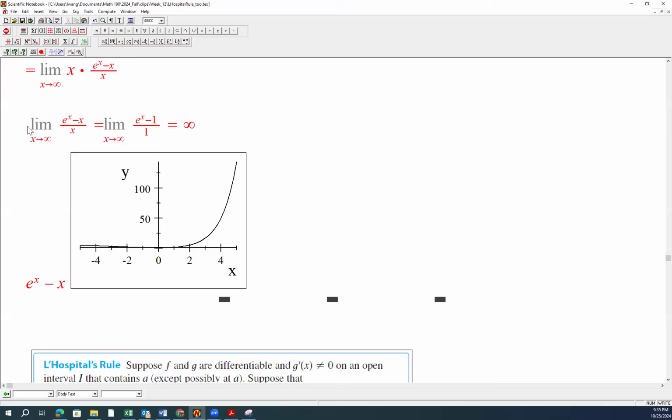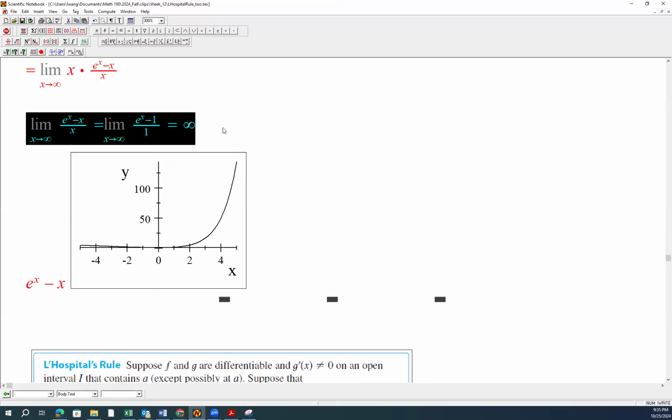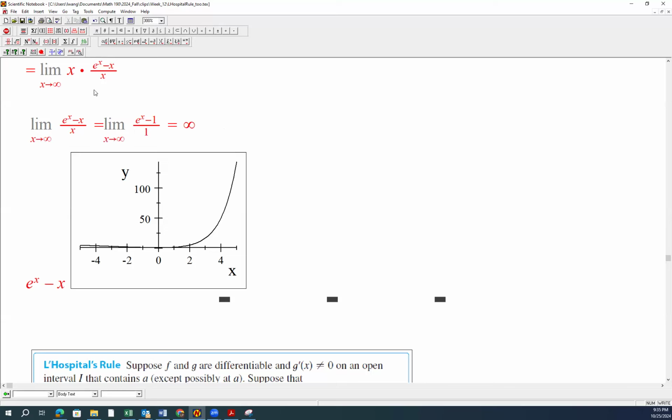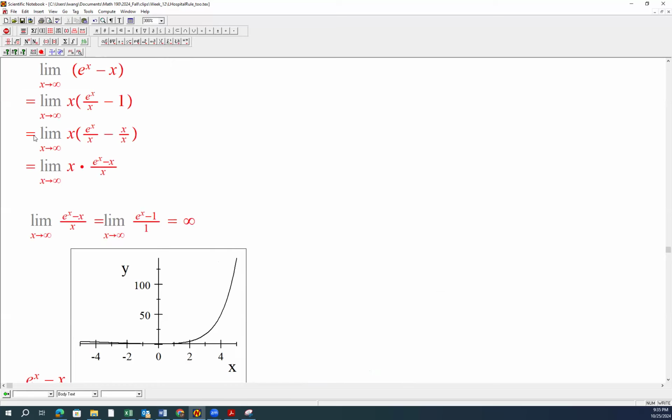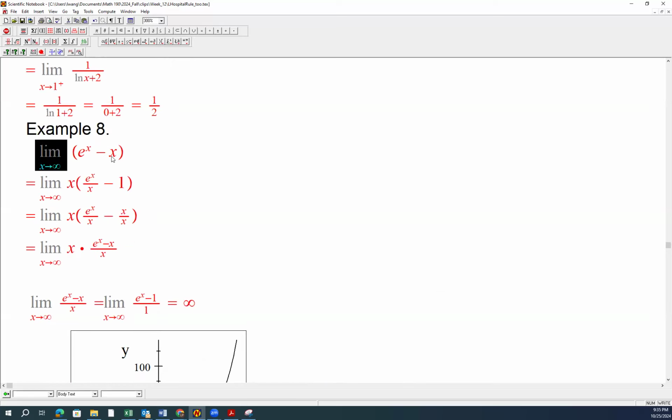And therefore, we can use L'Hopital rule, right? So here, we have come to this point that the limit of our interest has become the limit of something approaching infinity, and the other piece also approaches infinity.